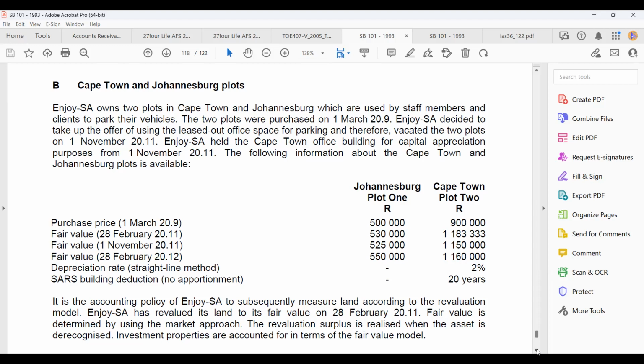One of the key aspects of the conceptual framework is helping you identify whether an item is an asset, liability, or equity. Once you have determined that this item is an asset, the next part is which accounting standard applies to this asset.